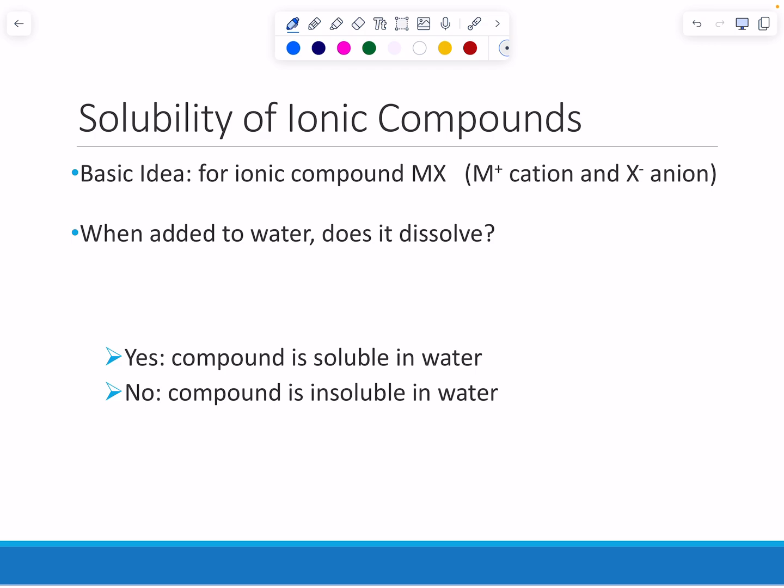So the basic idea is if I have an ionic compound where I have a metal here represented by M, that's the metal cation, and then I have my anion, which is shown here as X. When I put it into water, is it going to do this, break up, and then have the water surrounding it?